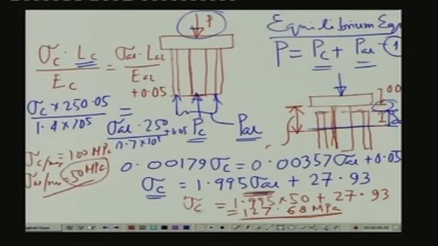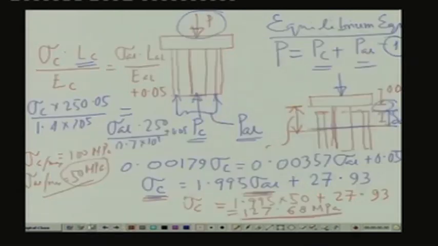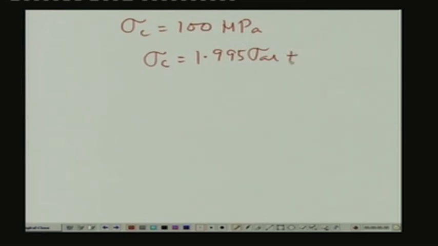Hence, if we go the other way, limiting the value of sigma C to 100 MPa, let us see how much we can get for sigma aluminum. So, we limit sigma C to 100 MPa, and from the relationship we have, sigma C is equal to 1.995 sigma aluminum plus 27.93.